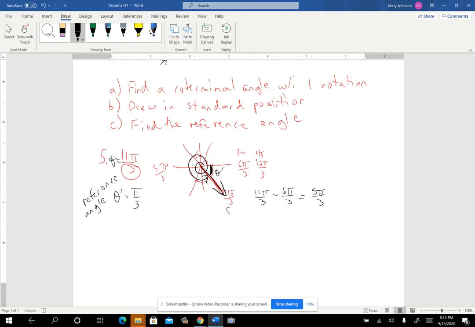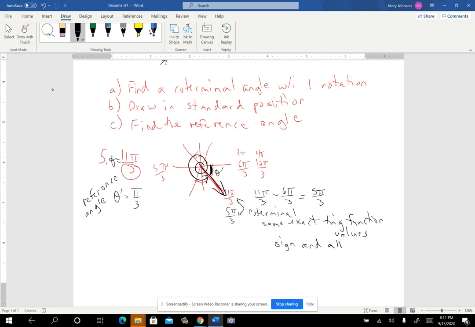All right, now 5 pi over 3 and 11 pi over 3, these are coterminal. Okay, coterminal angles have the same exact trig function values. Same exact ones, sine and everything.